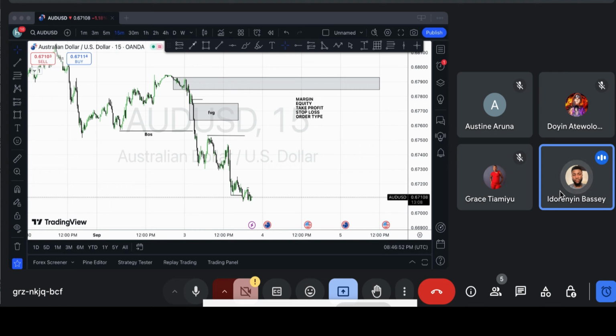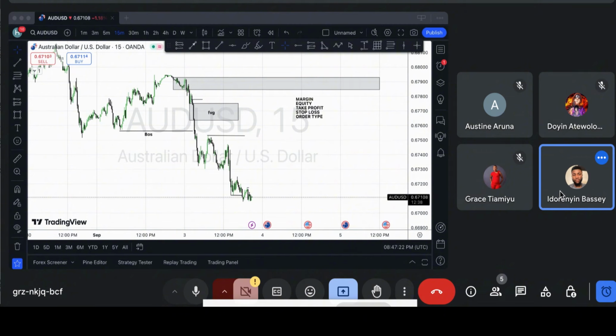So we're going to move to the next one, which is take profit. Some of you would have heard of the word take profit. It is a word that is being used in trading 24/7. There's no way you can do without the word take profit because it's very important. So let me quickly explain what take profit means in forex trading.